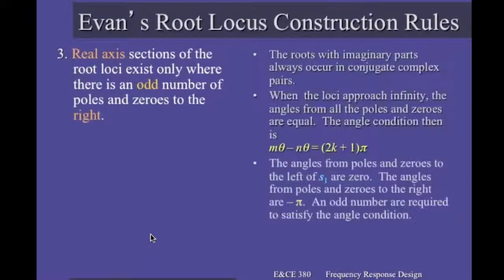The third Evans rule is considering the real axis and is able to discriminate which parts of the real axis are actually part of the root loci.